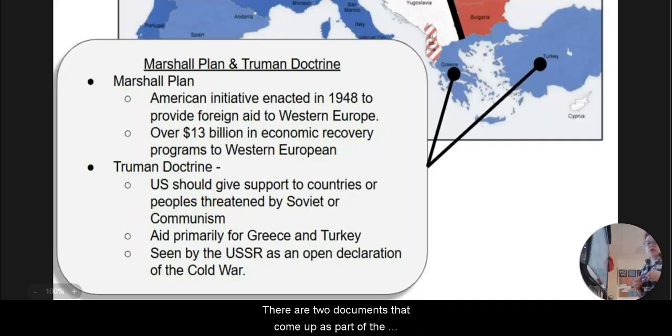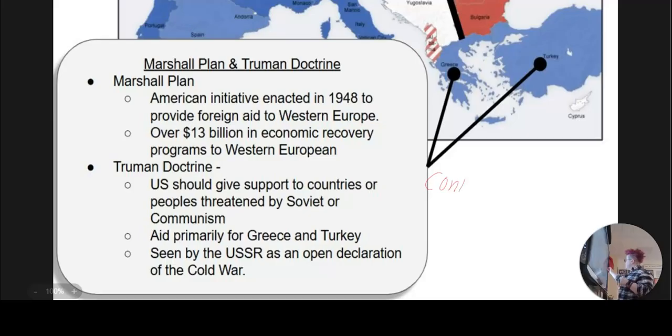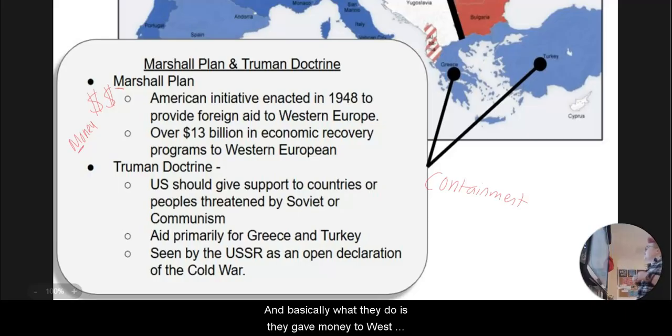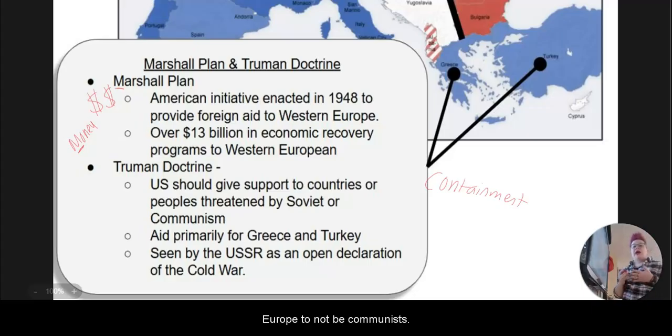There are two documents that come up as part of the United States response to containment. So this is all containment. When you see the Marshall Plan, I want you to think about money. So that M in Marshall is the M in money. It's the money plan. And basically what they did was they gave money to West Europe to not be communist.